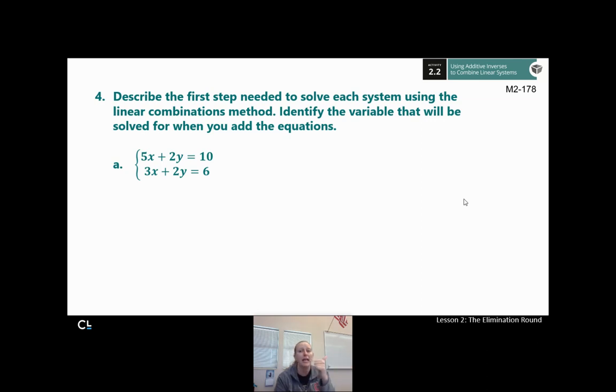So can you take a look at A, B, and C and just write down the first step? You're not going to solve it all the way. Just write down the first step that you would need to use linear combinations, and identify what variable that's going to help you find. Go ahead and hit pause. Write it down for A, B, and C, and then hit play when you're ready to check your work.